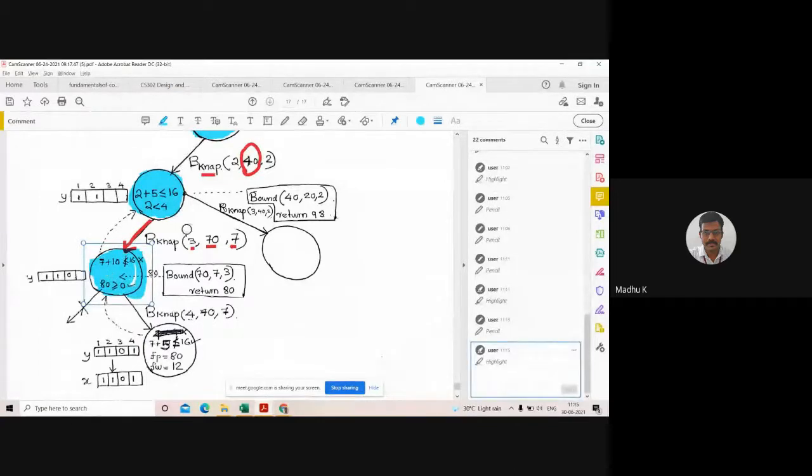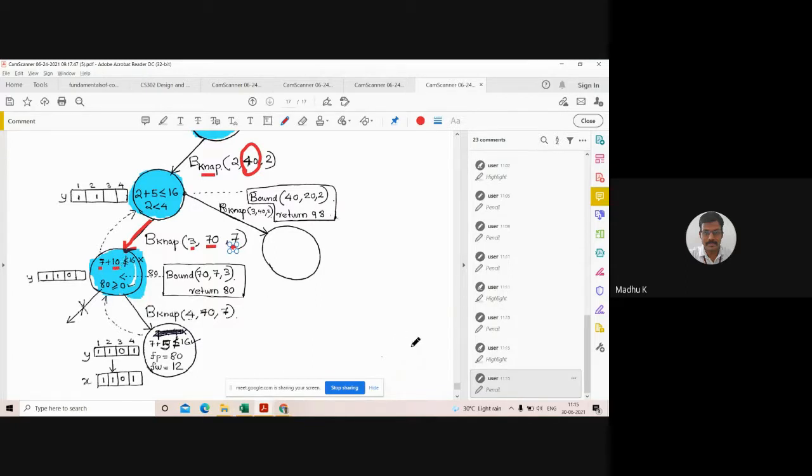Here, you can note, this is the state. First I will check 7 plus 10. As I told, 7 is the current weight, plus what is 10? The weight of the third object, which is 10.